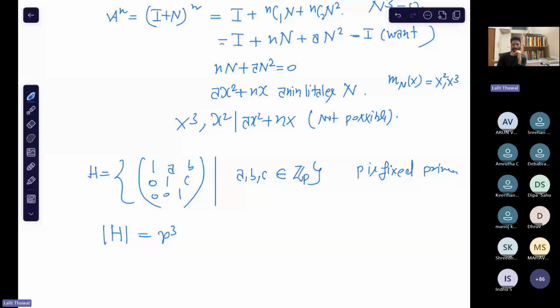Only one student has raised a hand. What about others? Do the same thing that we did in the last question, and you will immediately find the order of each non-identity element.